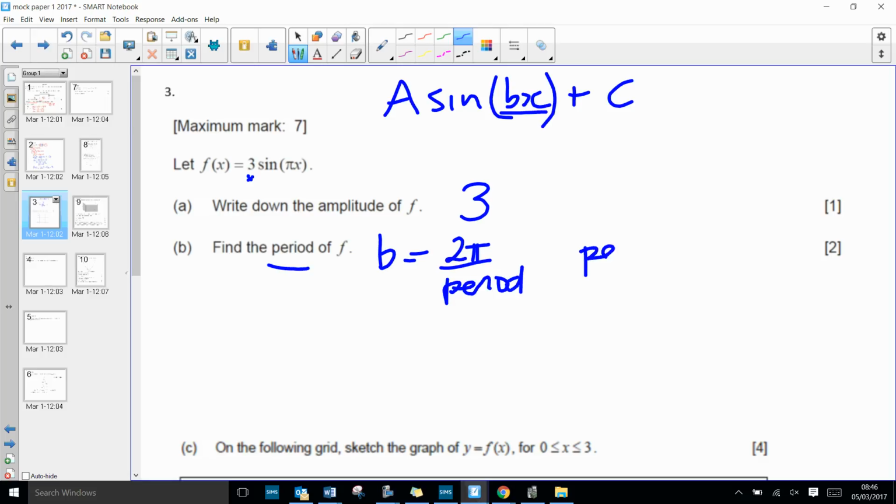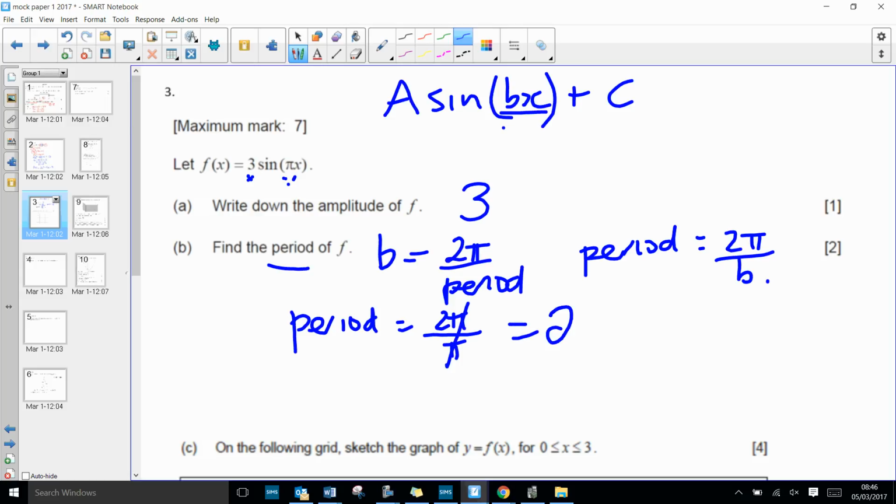If we're trying to find the period, then it's 2 pi divided by b. b in this case is pi. So our period is 2 pi divided by pi, and then cancel out the pi's, just gives a period of 2.